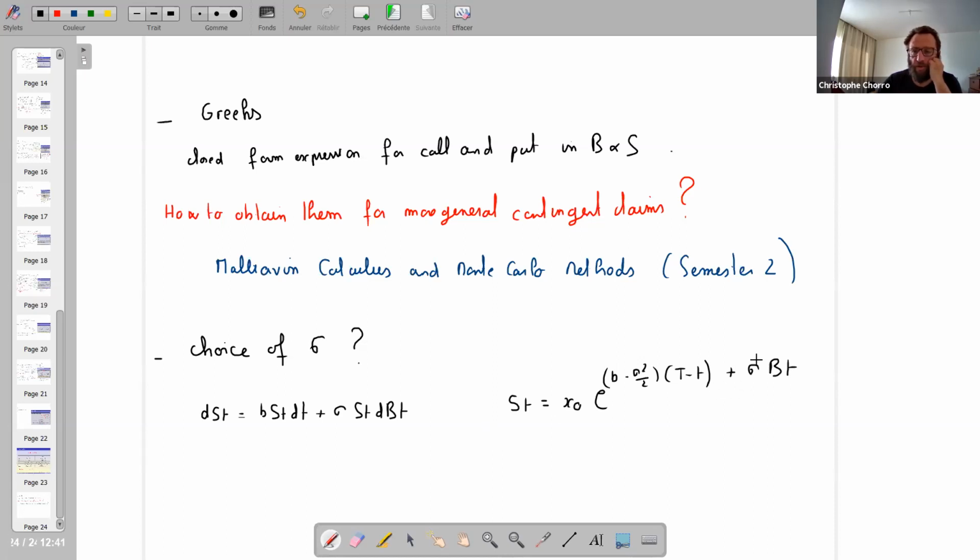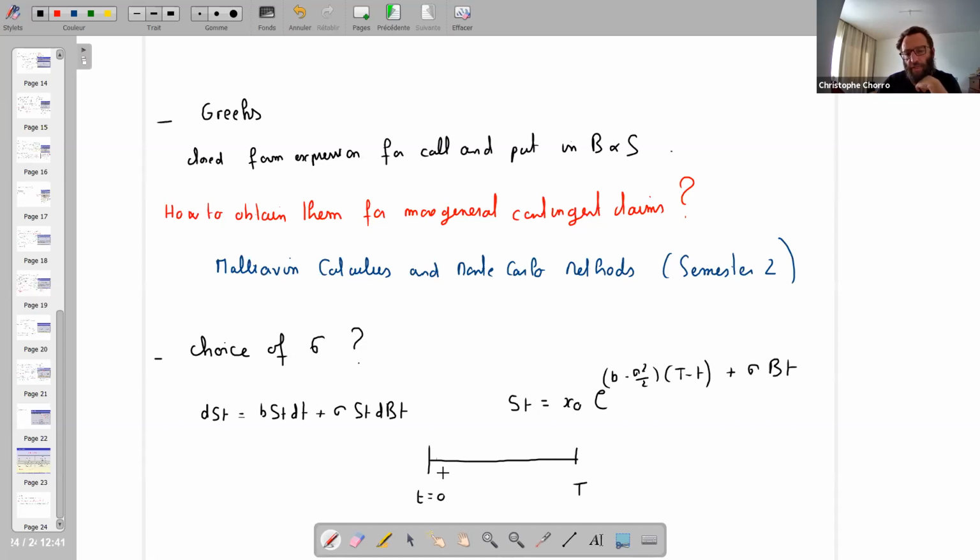So I want a way to estimate this sigma. Suppose that you are at time t equal to 0 and that you want to price a financial product with maturity capital T, let's say a call or a put option.